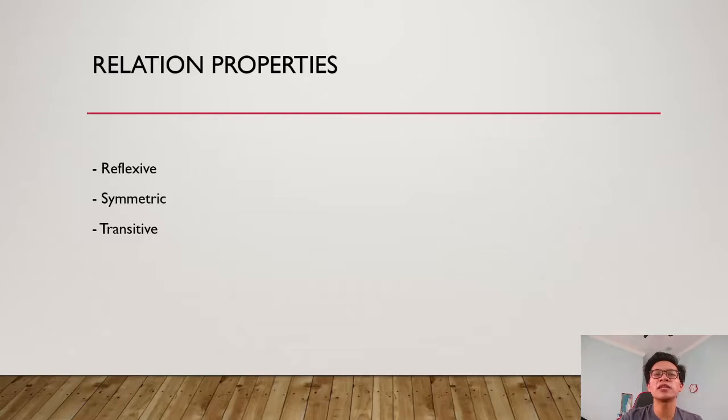So for the relation properties, we have learned three properties: reflexive, symmetric, and transitive.